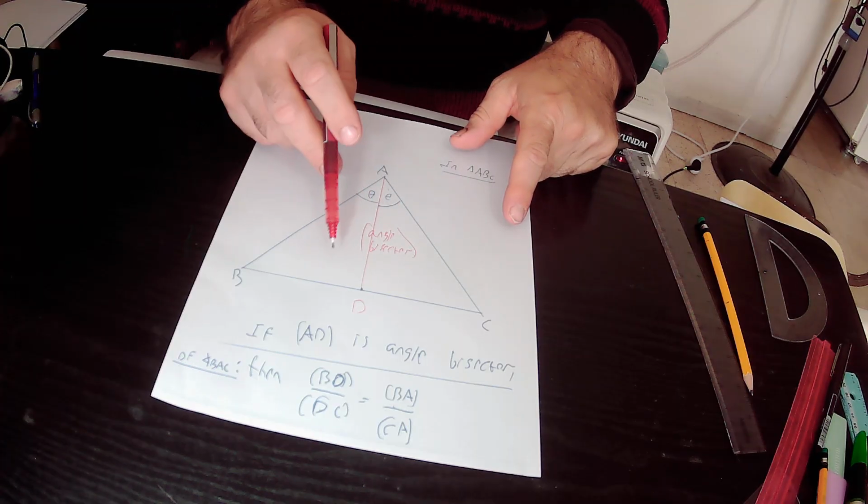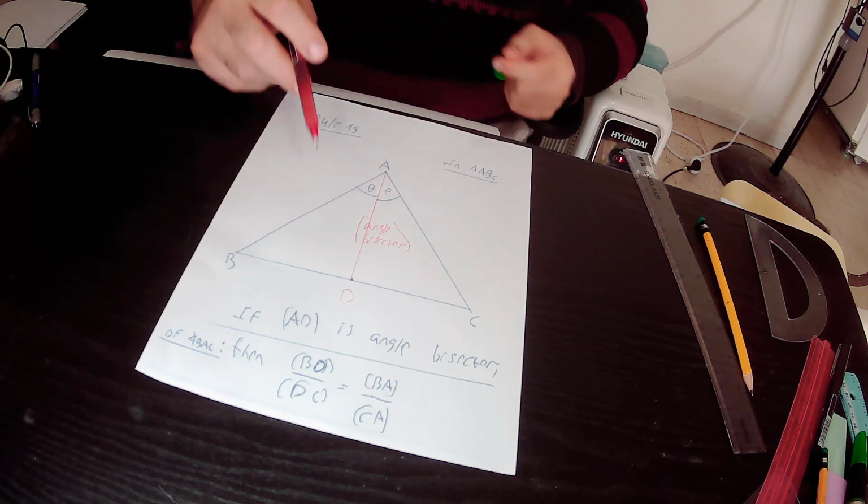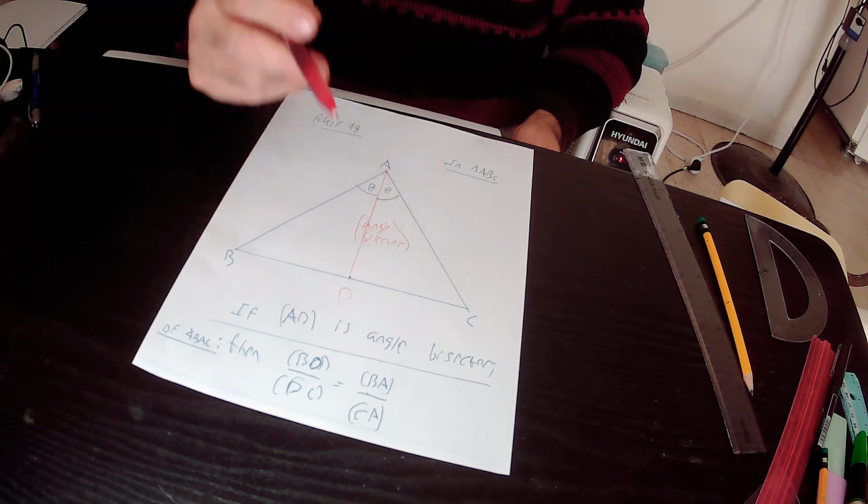That is to say, BD over DC equals AB over AC. Again, because AD is the angle bisector of this triangle ABC, BD over DC equals BA over CA.